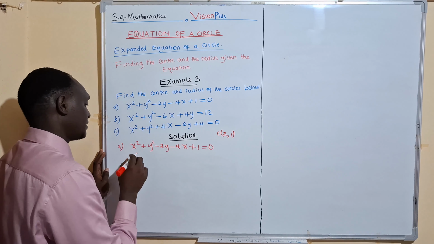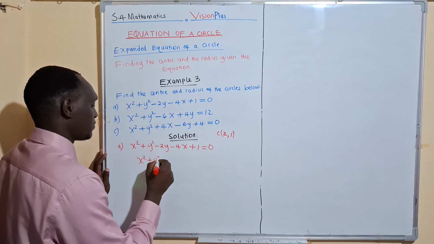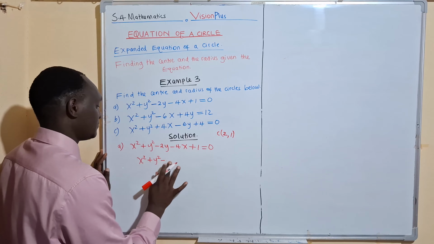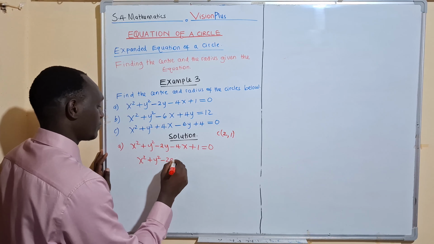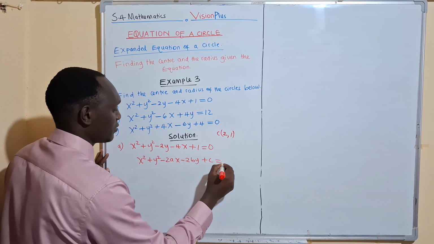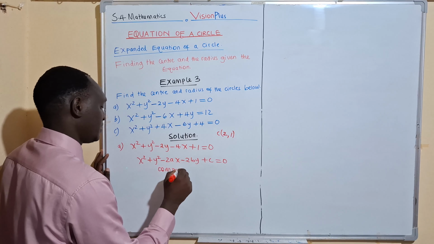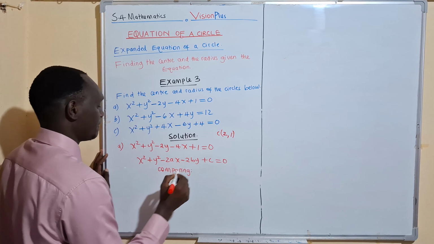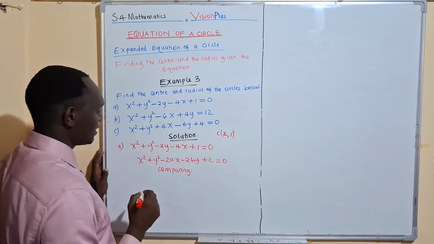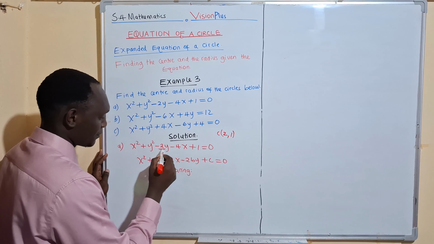So you know that the equation of a circle is given by x squared plus y squared minus 2ax minus 2by plus c equals 0. So we're going to compare coefficients and terms. Now you see that we have here -2y.